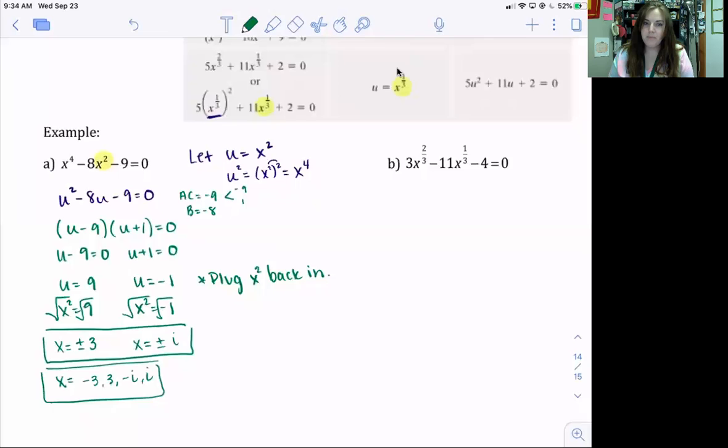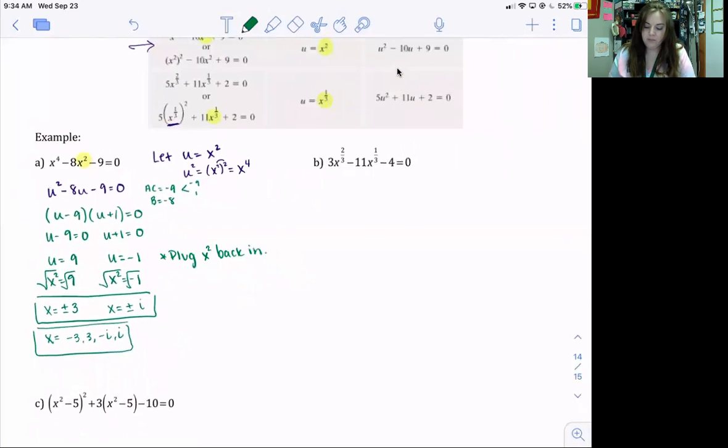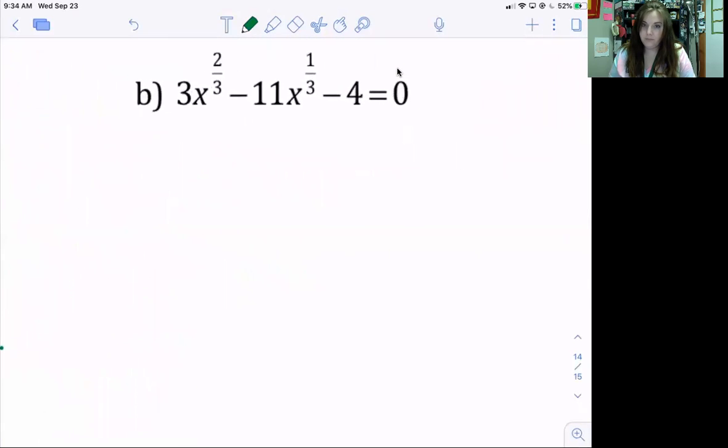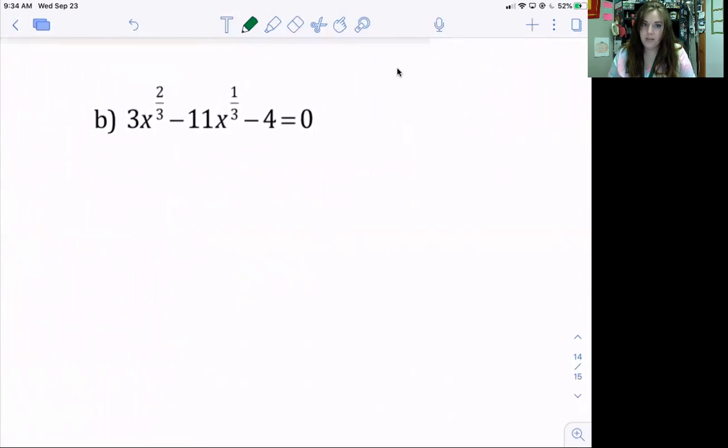Okay, so doing the same process, let's look at B. Okay, so we have 3x to the 2/3 power minus 11x to the 1/3 power minus 4. So again, figure out your middle term and let your u equal that. So u equals x to the 1/3 power.